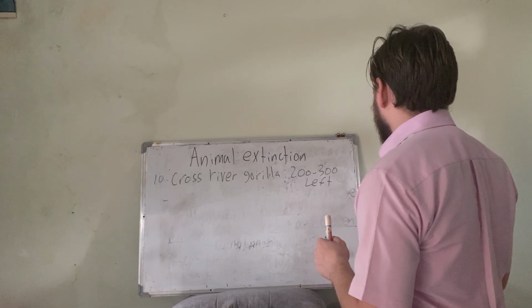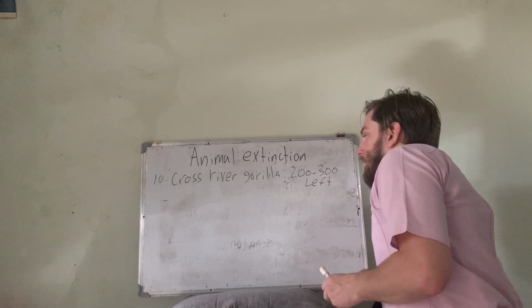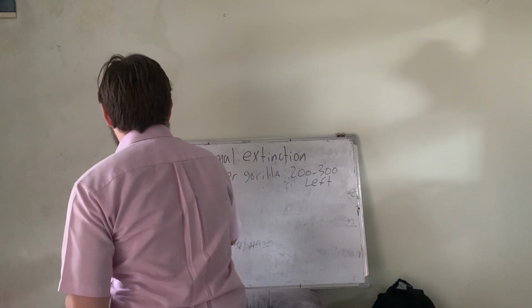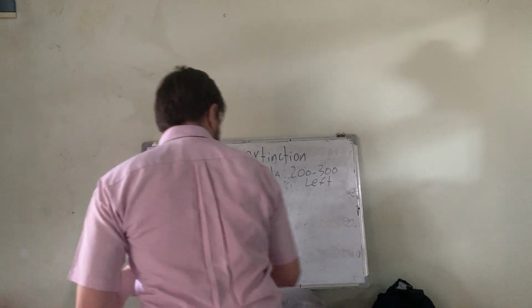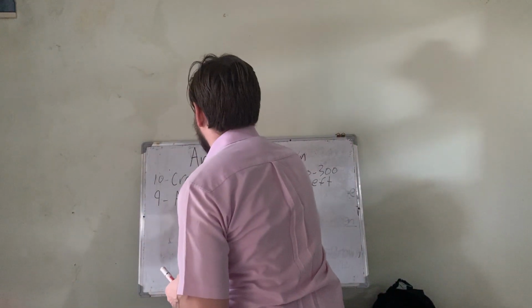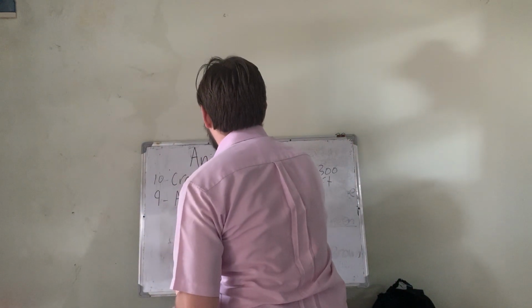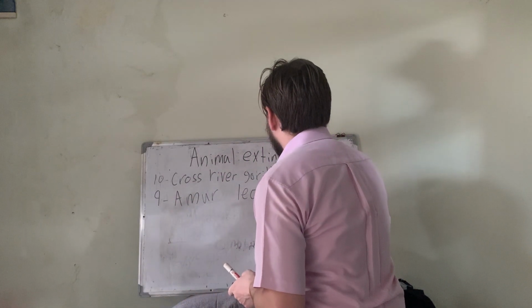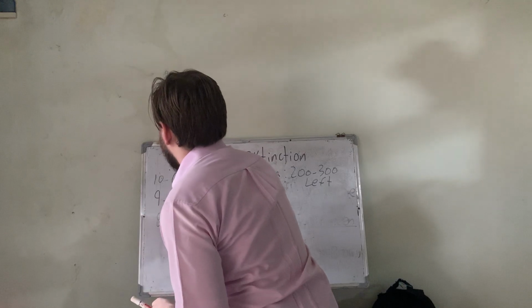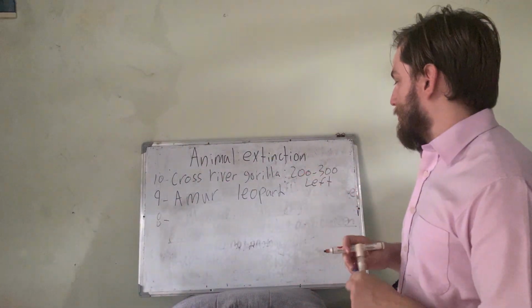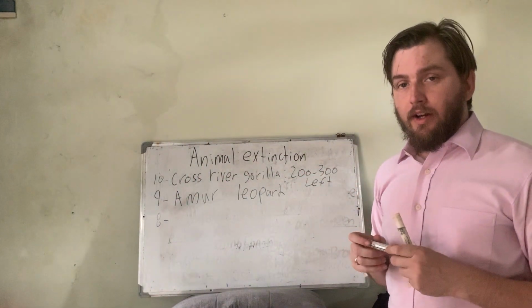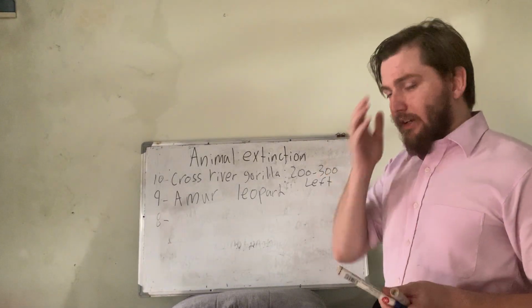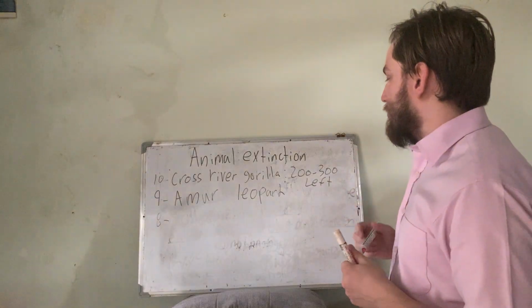Not many compared to how many there were. That one is also because of hunting and a lot of forest being cleared. So you're going to see a theme that comes with this.